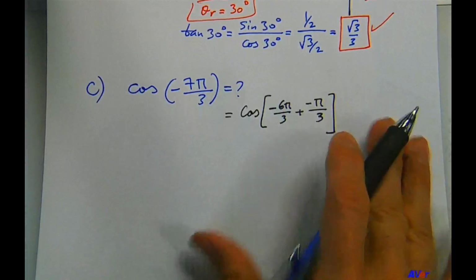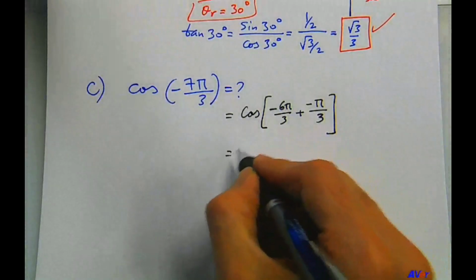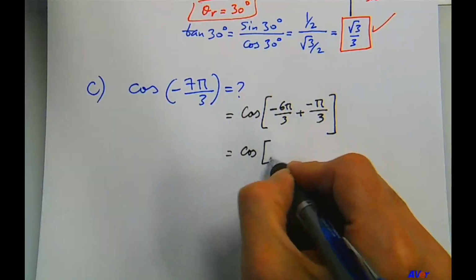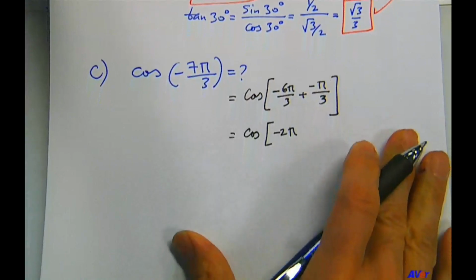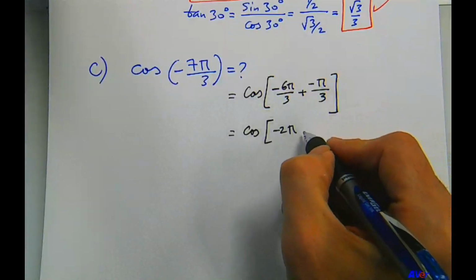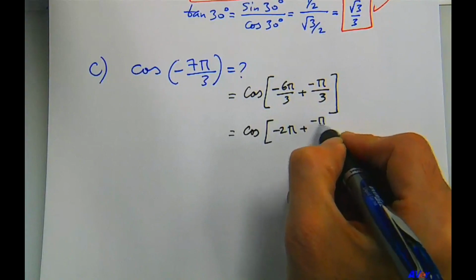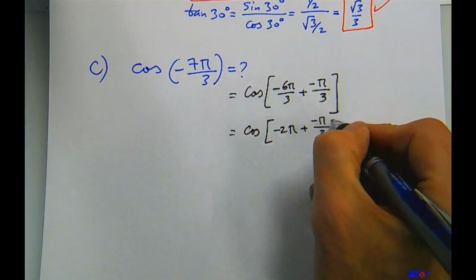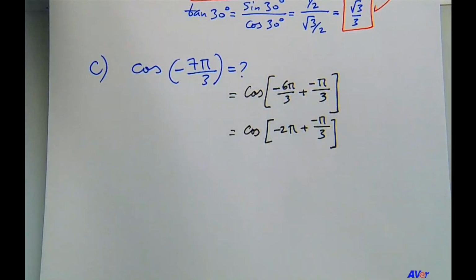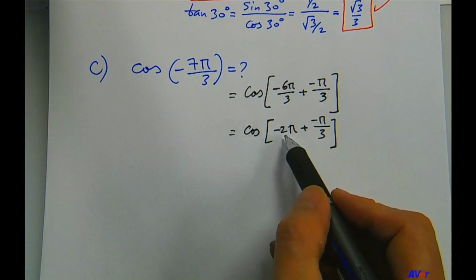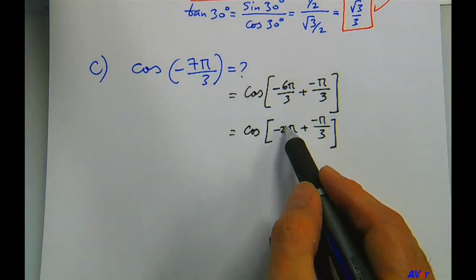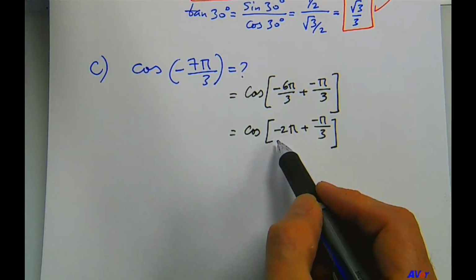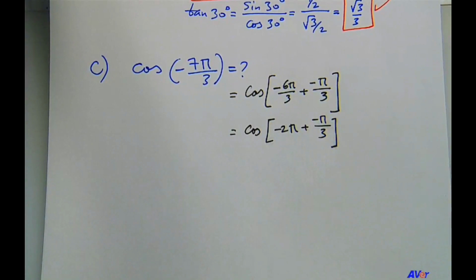So minus 2 pi plus minus pi over 3, or minus pi over 3, it makes no difference. What's happening here is that we are moving clockwise all the way through this. So let's draw the picture.